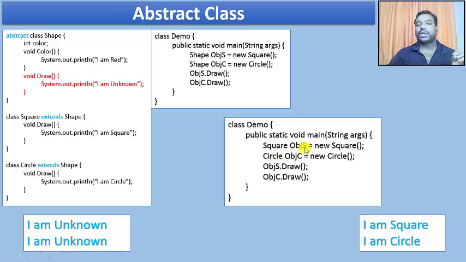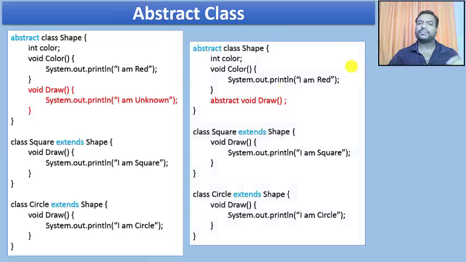I need to use the object of the same subclasses if I want the output. If I want to call the draw function from the superclass, then this is not possible right now. If it is to be possible, you need to bring in the concept of abstract method and you need to solve this. Hence, that is what I am just going to do, make the method abstract now.